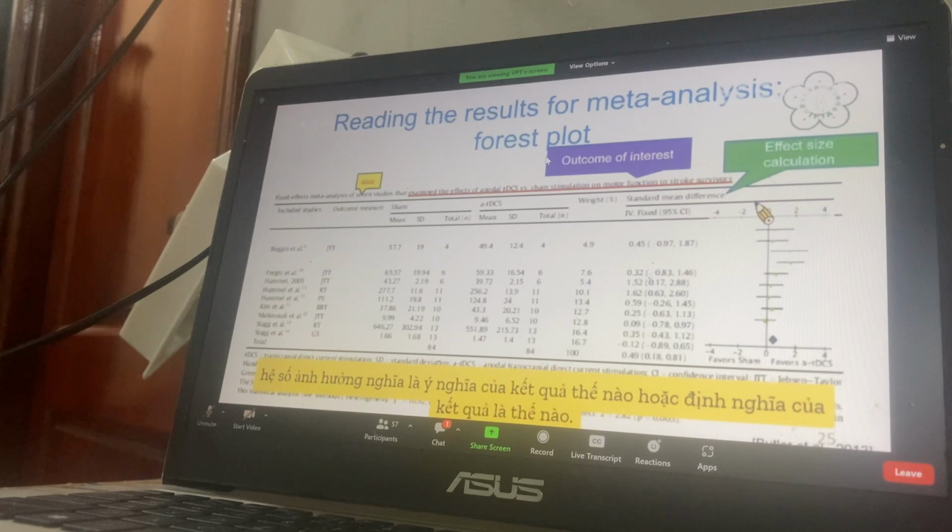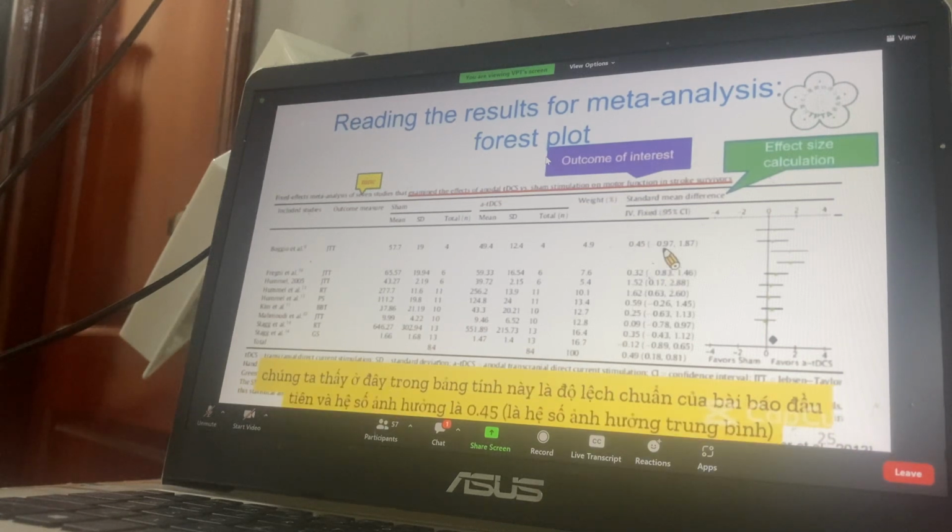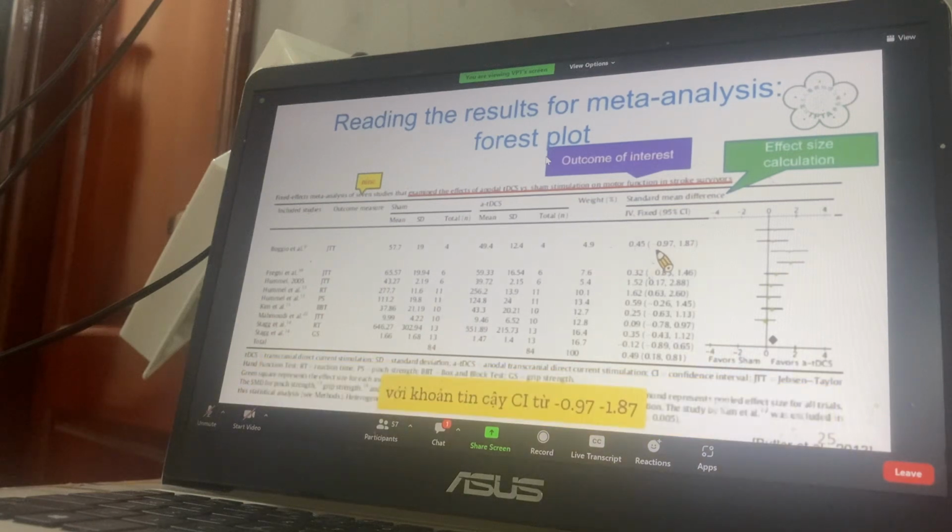And what effect size means is more like how significant the result is, or how pronounced the result is. So what we can see here is, with this calculation, standard mean difference, for the first study, the effect size is 0.45 for the mean effect size, with a confidence interval from -0.97 to 1.87. So that's the effect size for the first study.